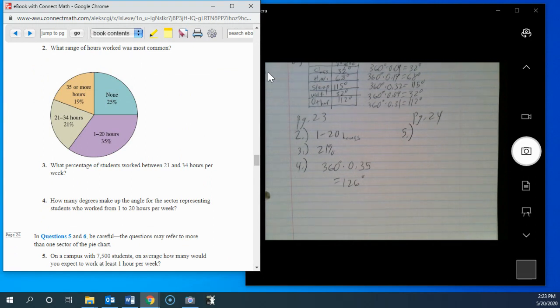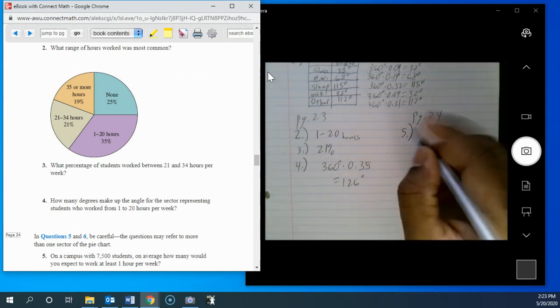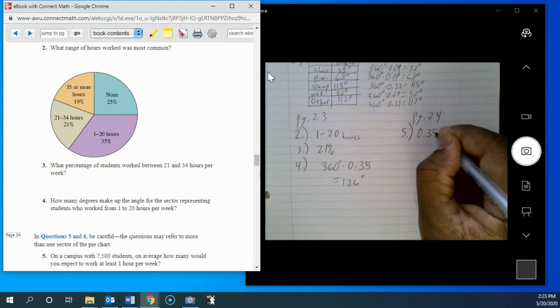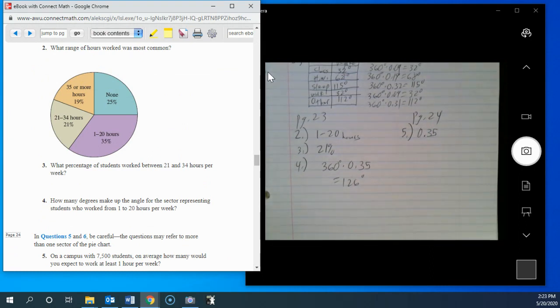The 1 to 20 hours. Okay, that is partially correct. So 0.35. What does at least mean? Okay, just to give it out here, at least means that value or higher. So when they say at least 1 hour, they're saying 1 hour or higher.